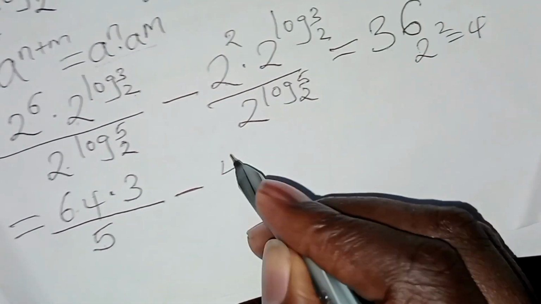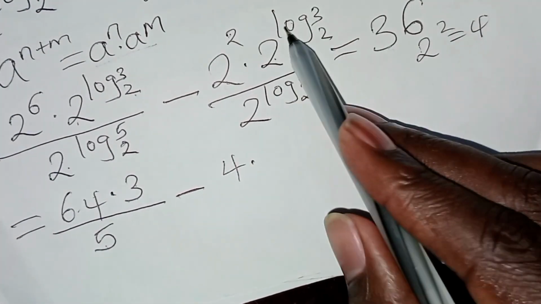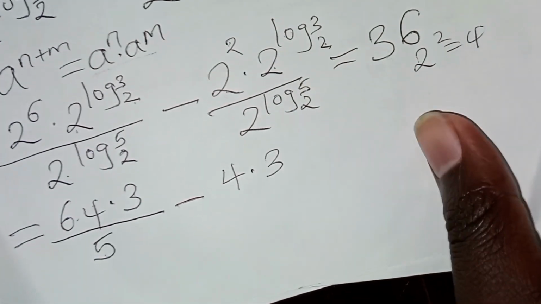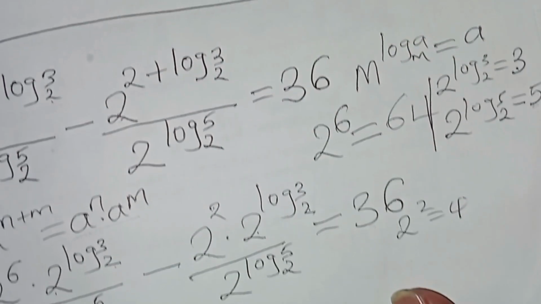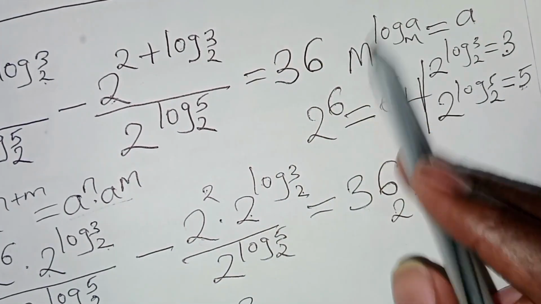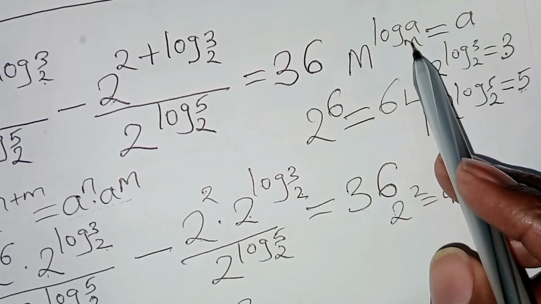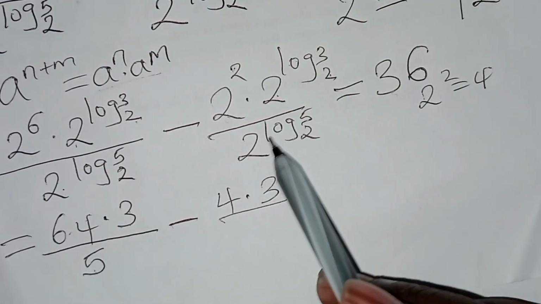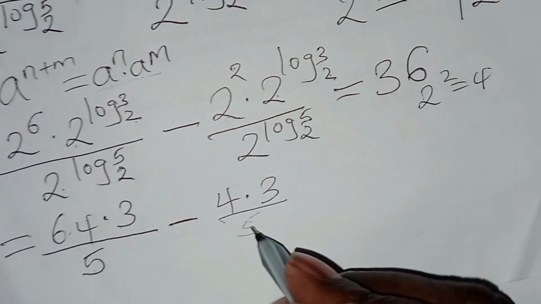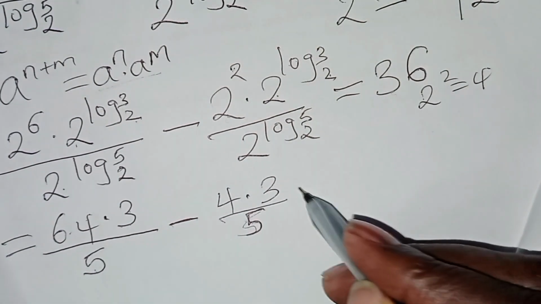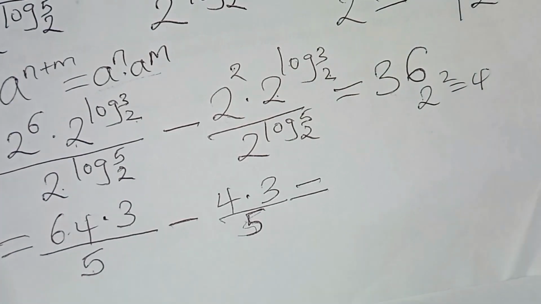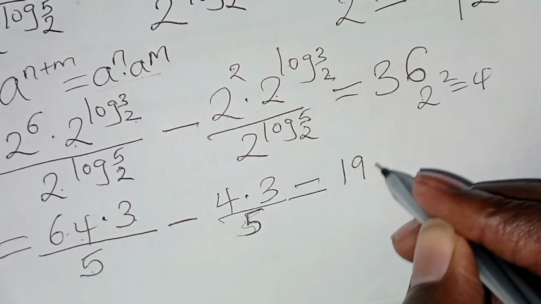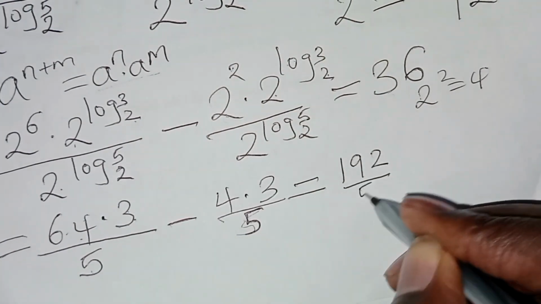So here we'll have 4 times 2 to power log 3 to base 2, which is essentially equal to 3, applying the logarithm property that m to power log a to base m is equal to a. Now this is divided by 2 raised to power log 5 to base 2, which is equal to 5. This is equal to 64 times 3, which is 192, divided by 5.